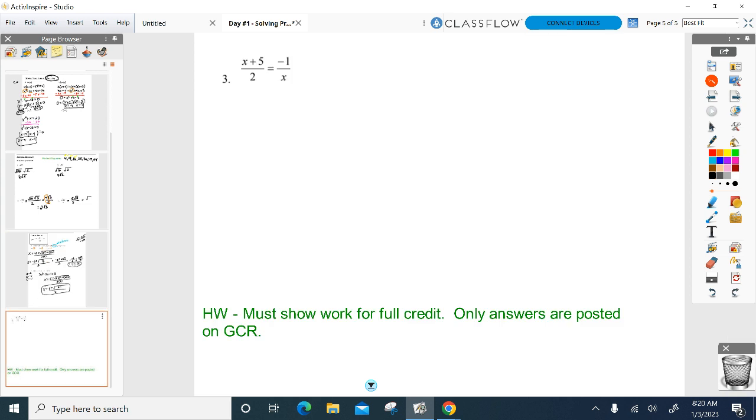Number 3. So cross multiply, get it equal to 0 first.